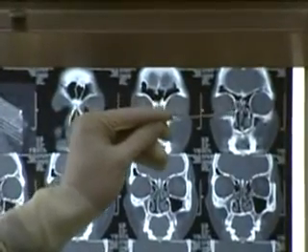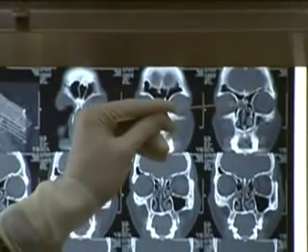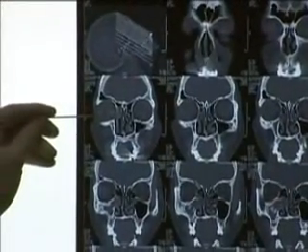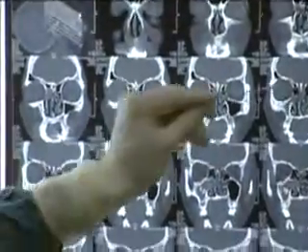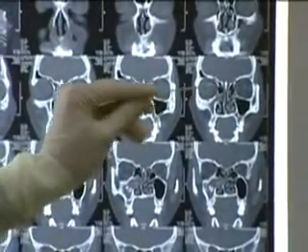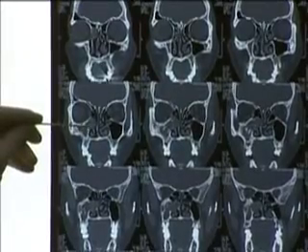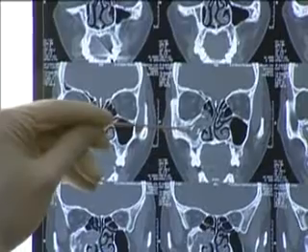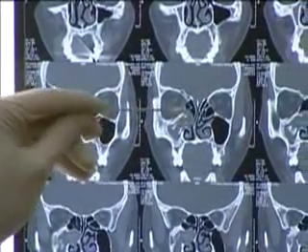We start seeing some anterior ethmoidal disease here, and at the back, here, anterior ethmoidal disease. Further back, we see the bulla looks quite all right. And here we see the right maxillary sinus is all opaque with some calcification inside. It's bulging into the middle meatus.